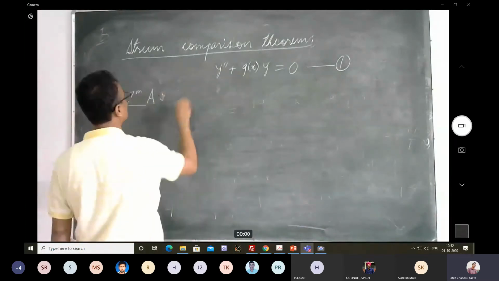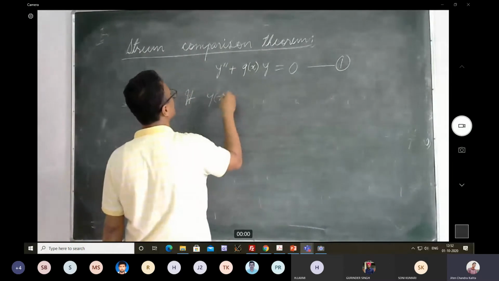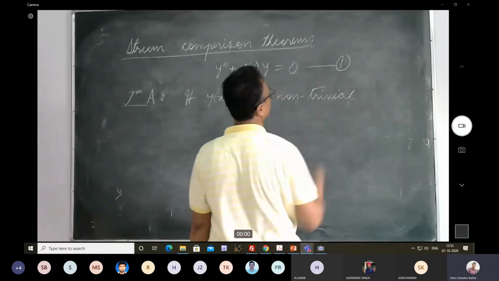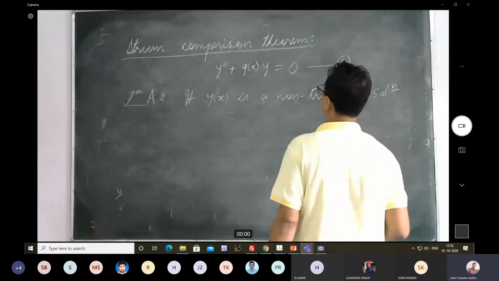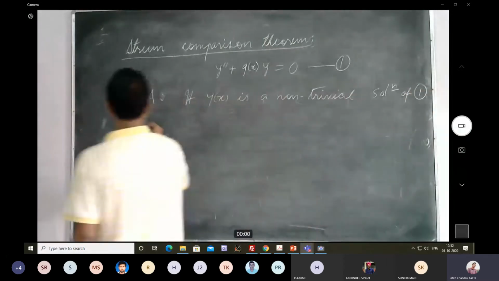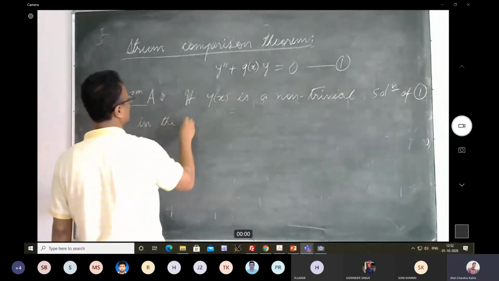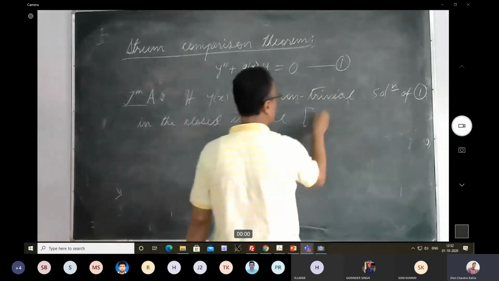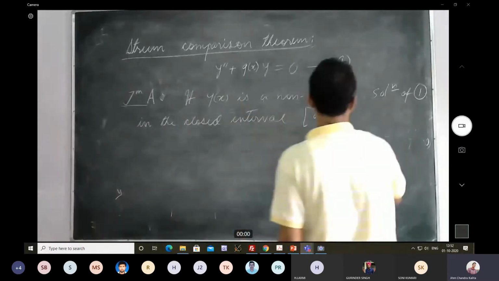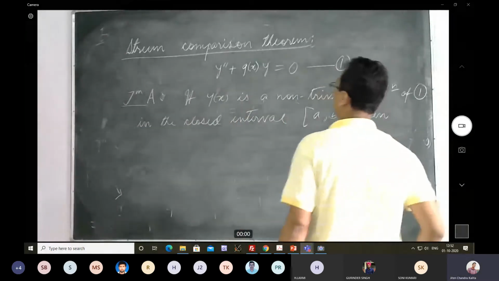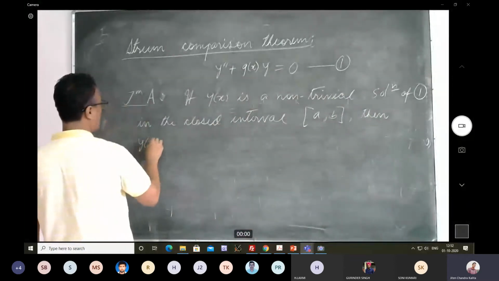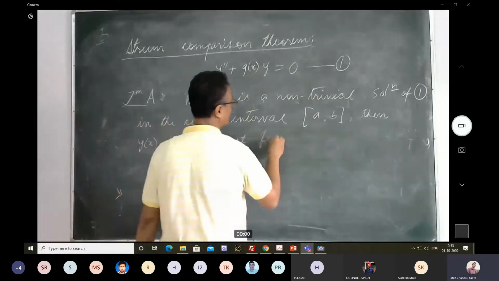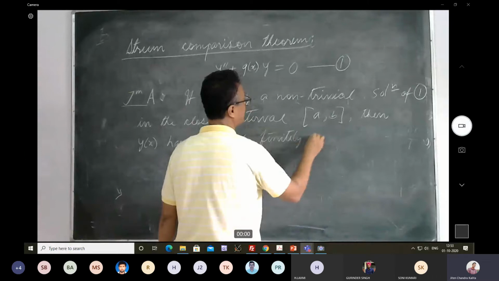Okay, so if y(x) is a non-trivial solution of 1 in the closed interval [a, b], then y(x) has at most finitely many zeros.